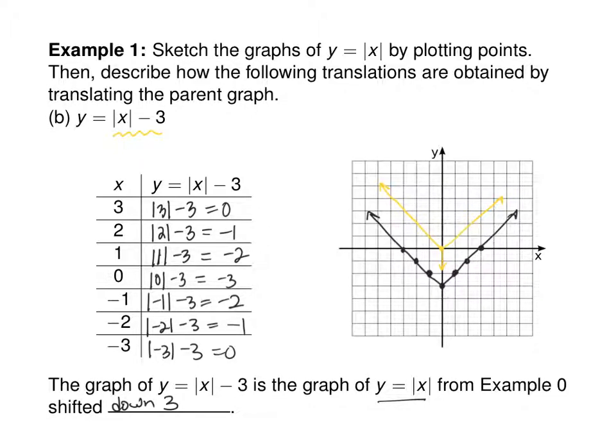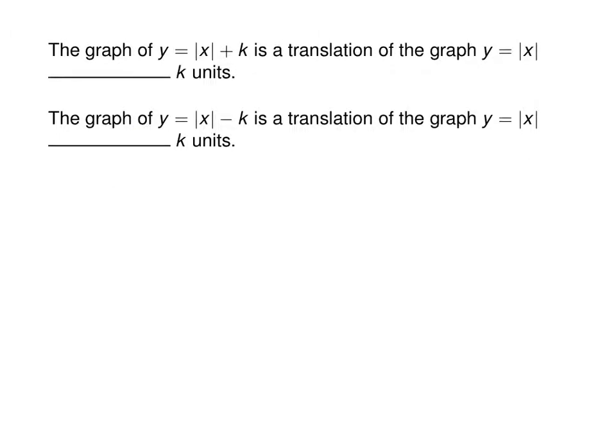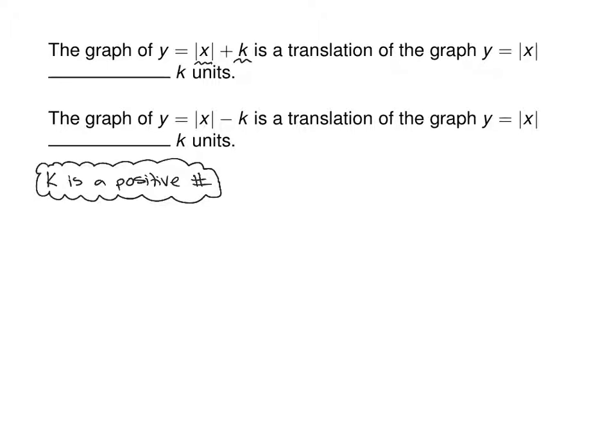And so here's a general summary of that. This is true so long as your k is a positive number. The thing we're going to talk about here, you have to kind of assume that, and I should have written that down, but you know, stuff happens. So assuming you have a positive number, if you take the absolute value of x and you add that positive number, you translate or shift the absolute value x parent graph up k units, just like we did in example 1a.